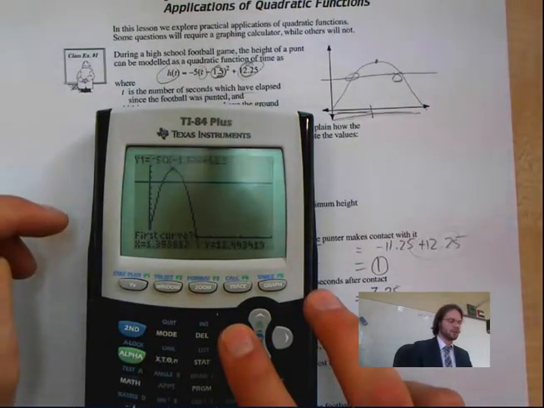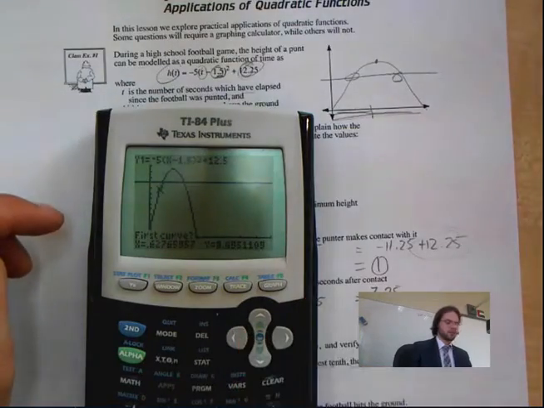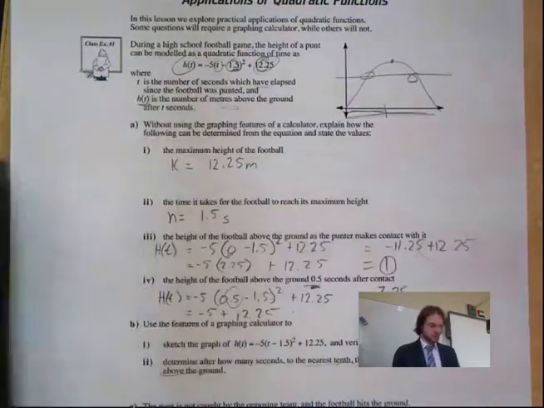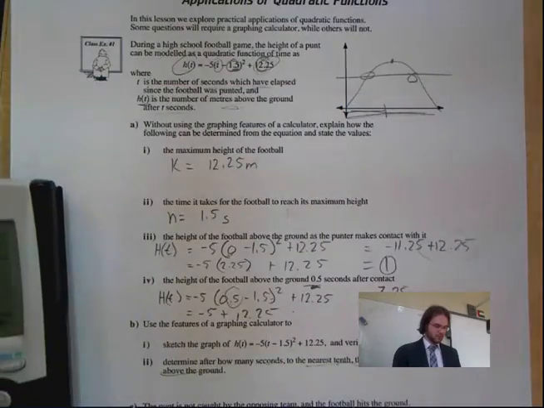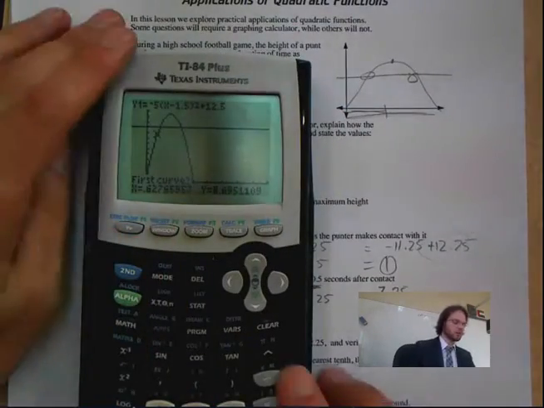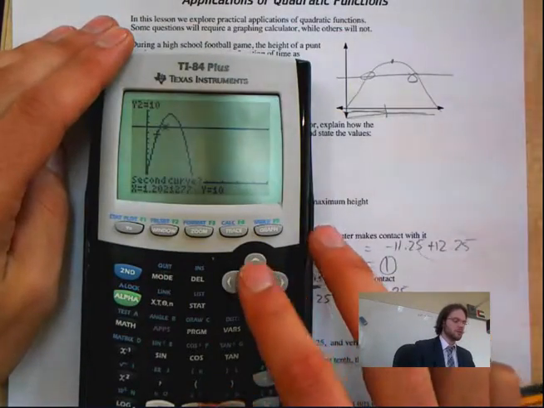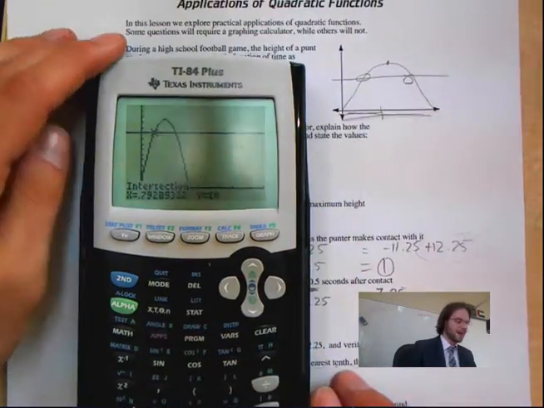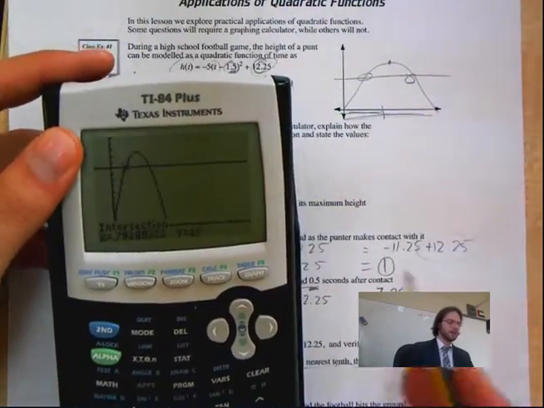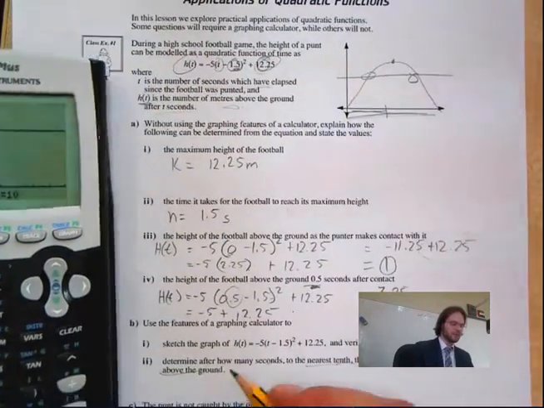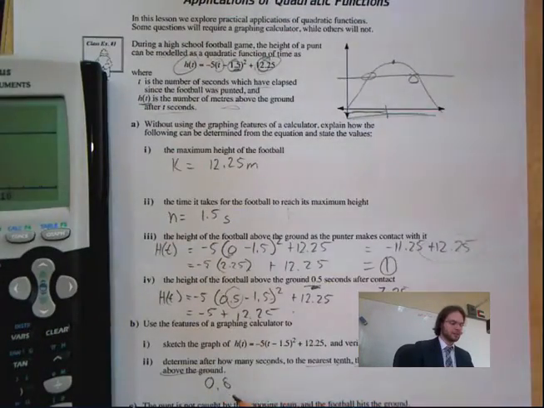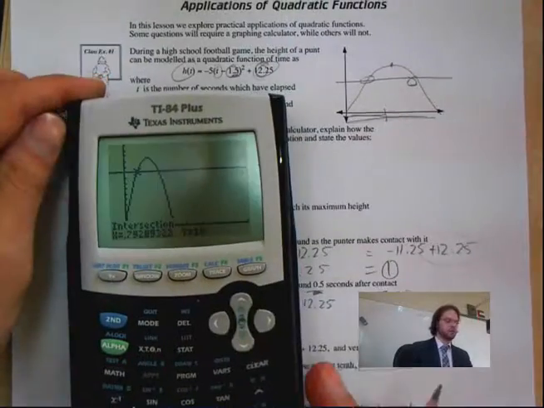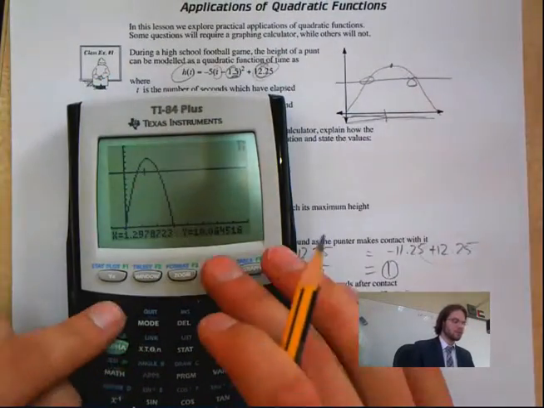How many seconds does it reach 10? Is the football 10 meters above the ground? There are 2 times. We have one here, at 0.8 seconds to the nearest tenth. And the other time is also at 10 meters.